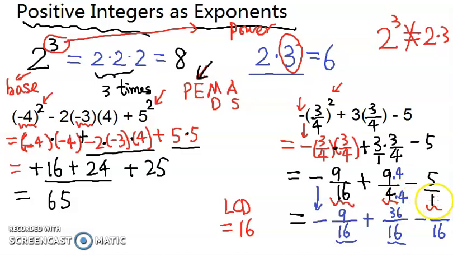Similarly, we want to change this 1 to 16. If you want to get 16 from 1, we have to multiply by 16. 1 times 16 is 16, and 5 times 16 is 80. Similarly, what we did here was, in order to get 16 from 4, we multiply 4 by 4, and 4 times 4 is 16.